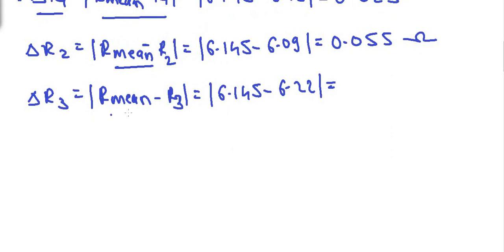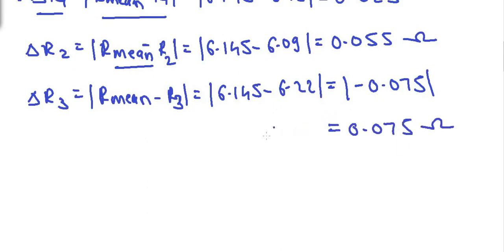Delta R3 equal to modulus of R mean minus R3, that is equal to mod of 6.145 minus 6.22, that is equal to mod of minus 0.075. But since it's a modulus sign, we have to consider only the positive value. So 0.075 ohm. This is delta R3. Now let us find delta R4.